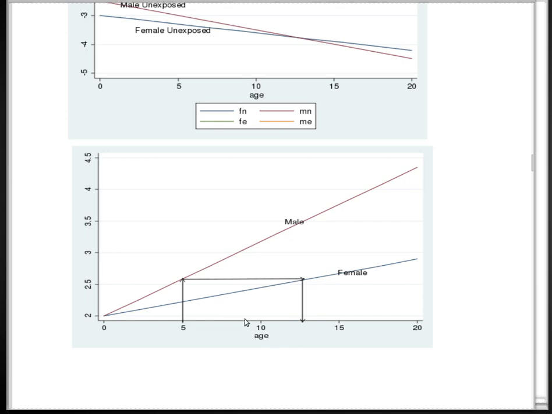But for the men, we get that value of a bit more than 2.5 when they're 5. Aha! K is the ratio of this number, roughly 13, to this number, roughly 5. That's the relative potency in this circumstance.